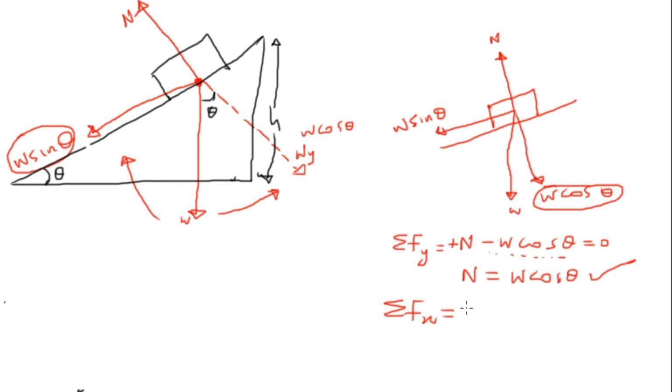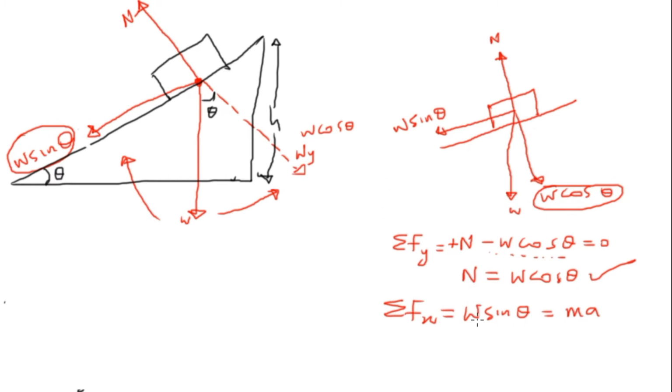That means the summation of the forces on the x-axis is w sine theta, and that is supposed to be equal to ma, because the object actually slides down the inclined plane.